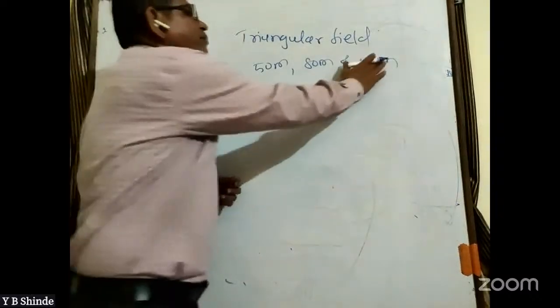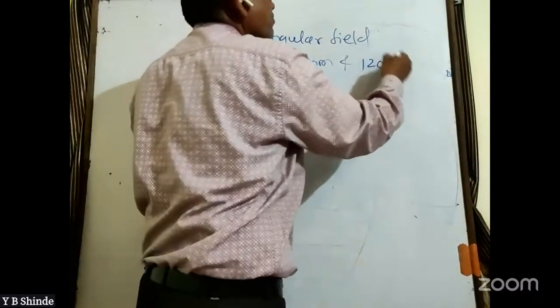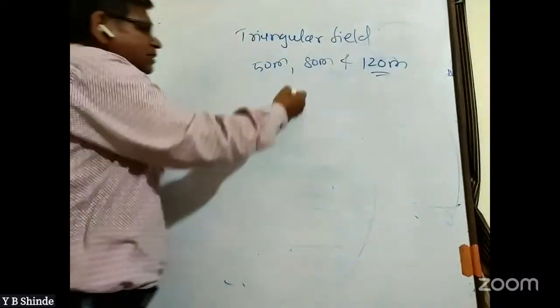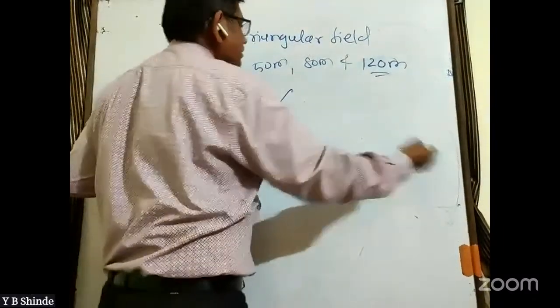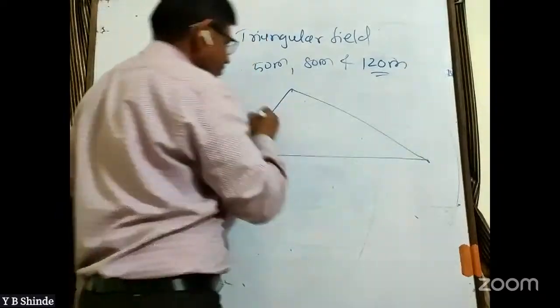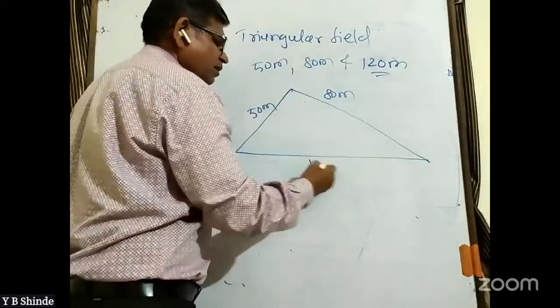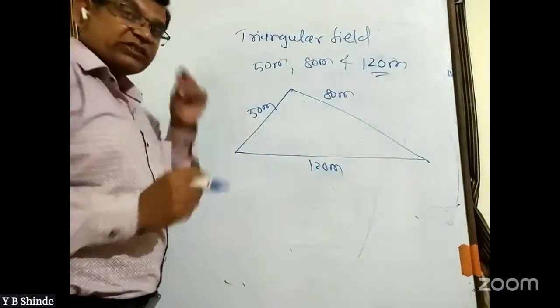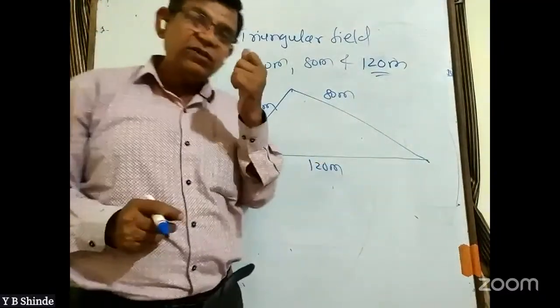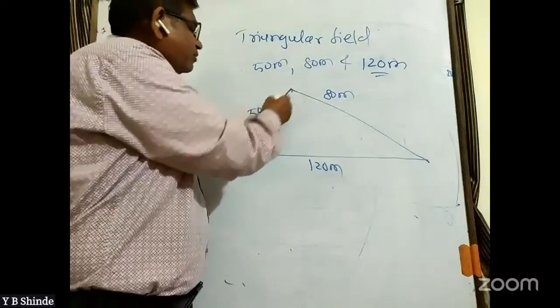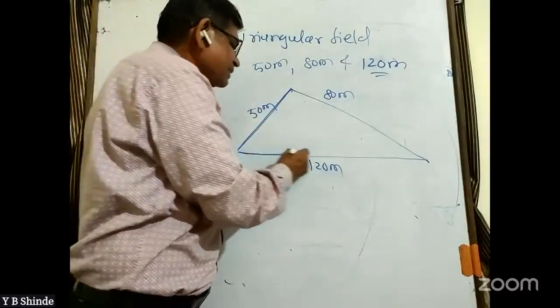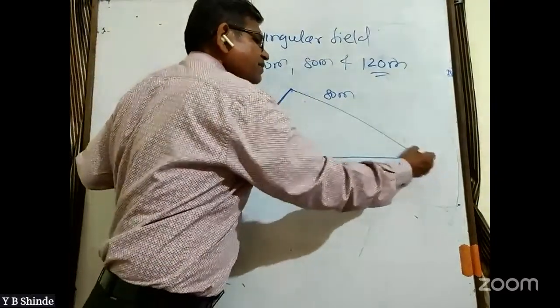Consider it 120 meter. Something is wrong in this printing. 120 meter is there. See here, this type of triangular field: 50 meter, 80 meter, and 120 meter. There are two questions. First, you have to find the length of the fencing. If it is fencing, it is fenced with a wire.